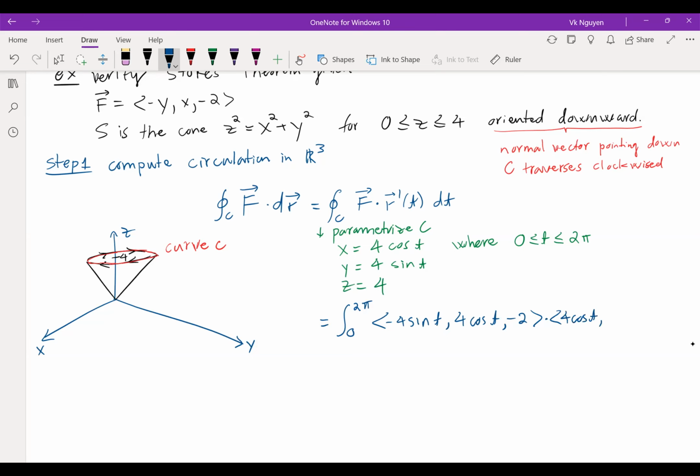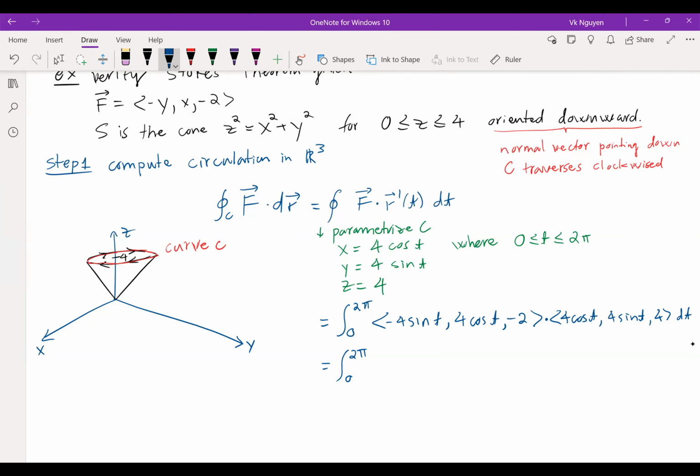For cosine t, 4 sine t, 4 dt. C traverses clockwise, so if it traverses clockwise, then you've got to do the negative C. Oh man, that one, let's be a little careful.